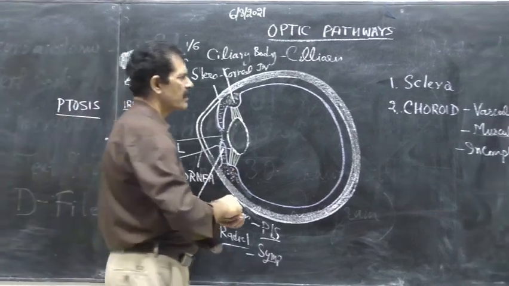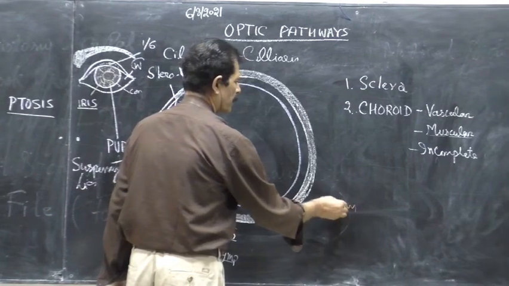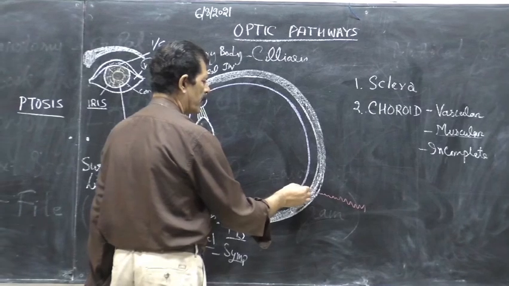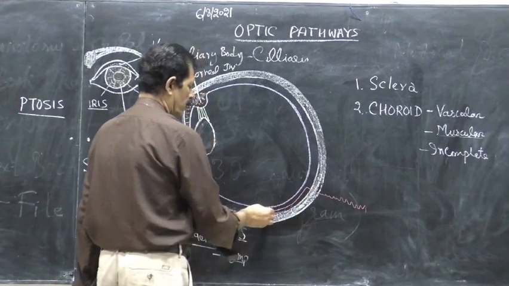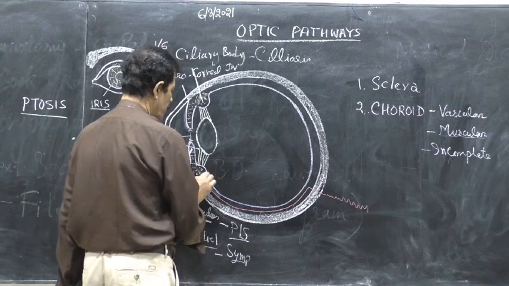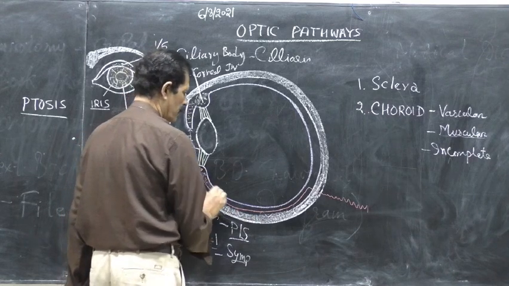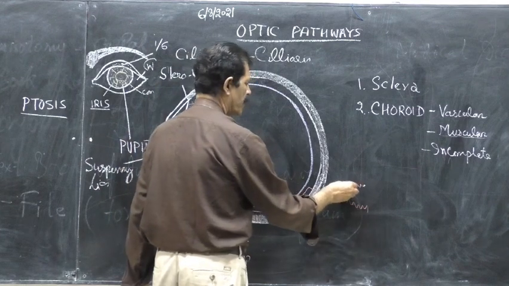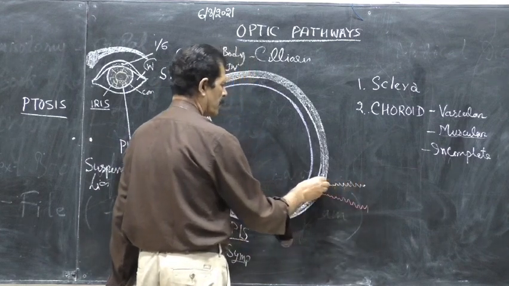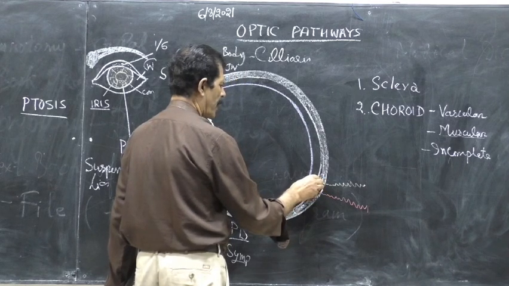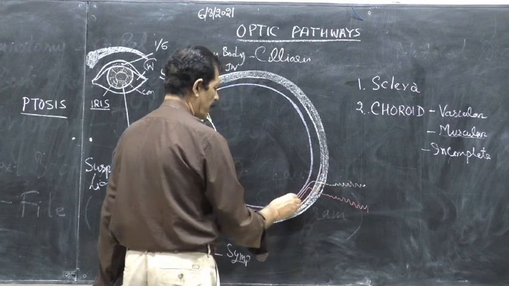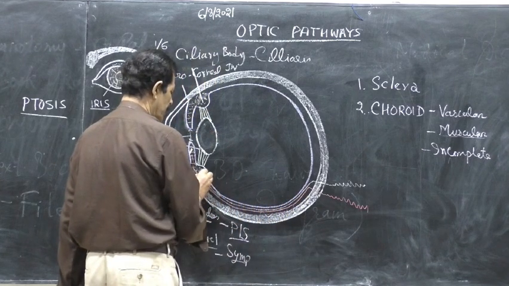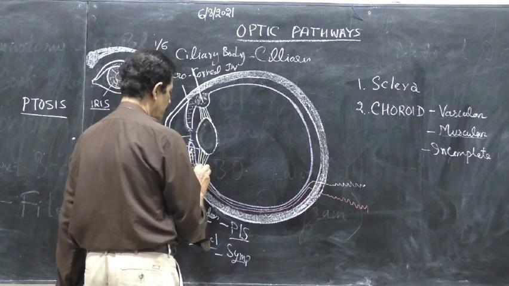Then blood vessels pierce the sclera and enter into the choroid and supply the smooth muscles. Similarly, the short ciliary nerves also pierce the white sclera from behind, and the sympathetic and parasympathetic fibers via these supply the iris and the ciliary muscles.